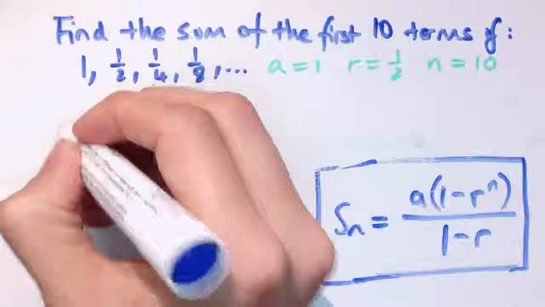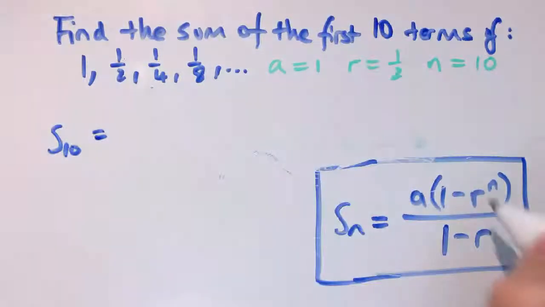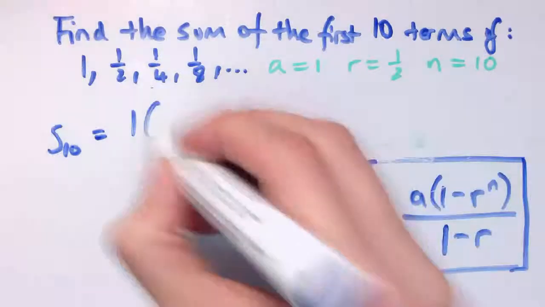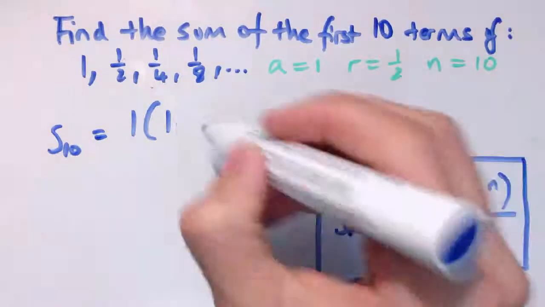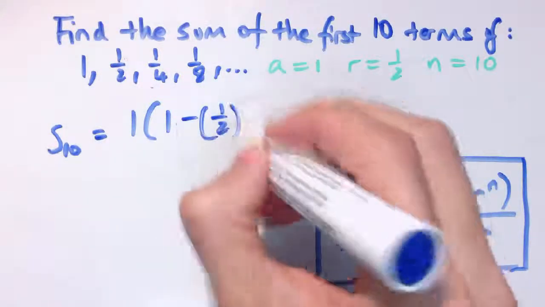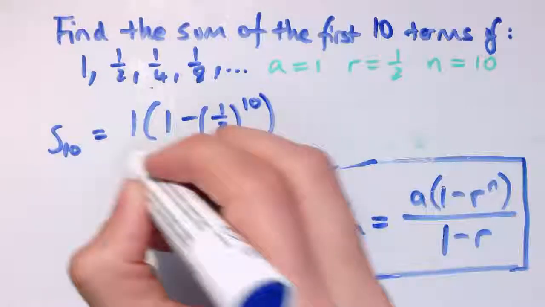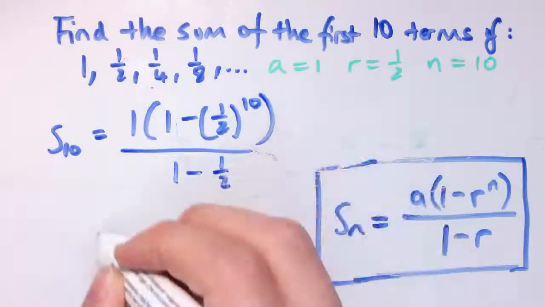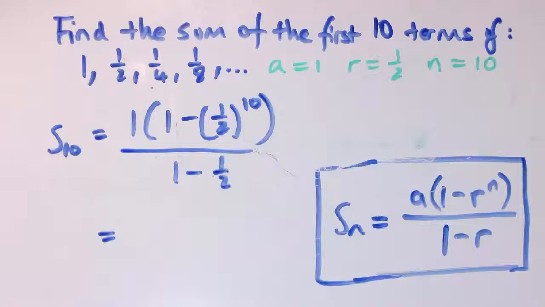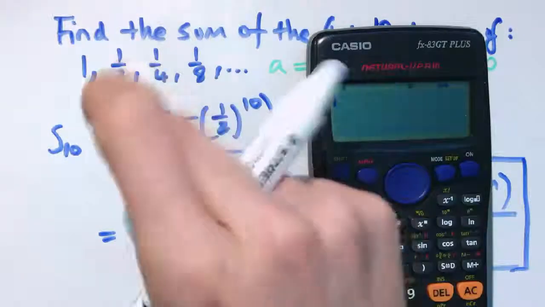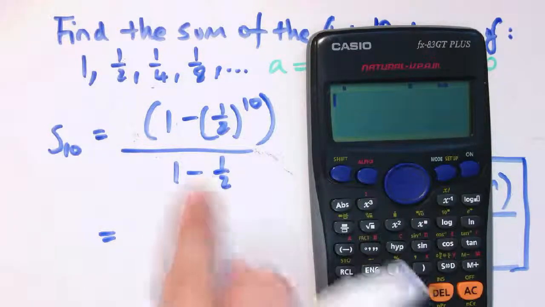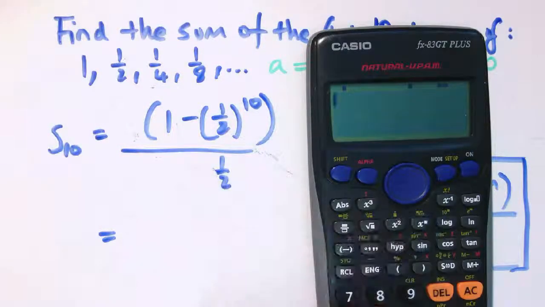The sum of the first 10 terms is a, which is 1, times 1 minus 1/2 to the 10, all divided by 1 minus 1/2. The 1 is just 1 times it, so we don't need that. 1 minus 1/2 is just 1/2.